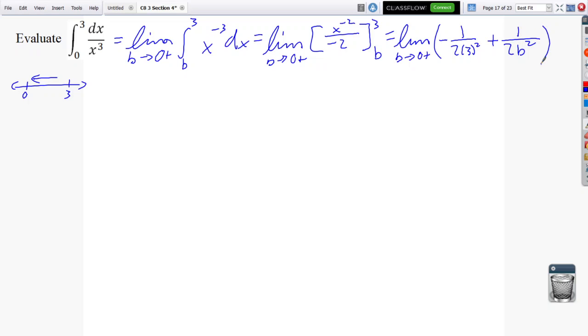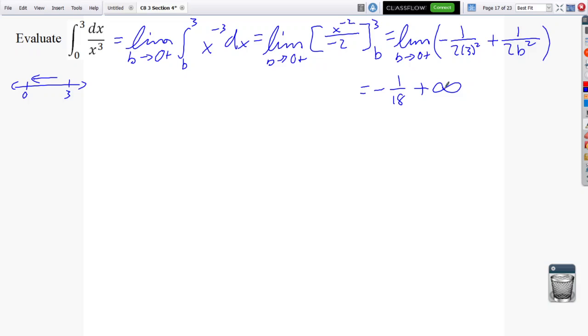Now we're going to worry about that b value, because we've got -1/18 plus, over here, I know that I'm plugging in 0 down. Oh man, what happens when I divide 1 by 0? 1 divided by 0 is either infinity or -infinity. Since in this case we're dealing with +0, and even when we square it, it's still +0, 1 divided by +0 gives me +infinity.